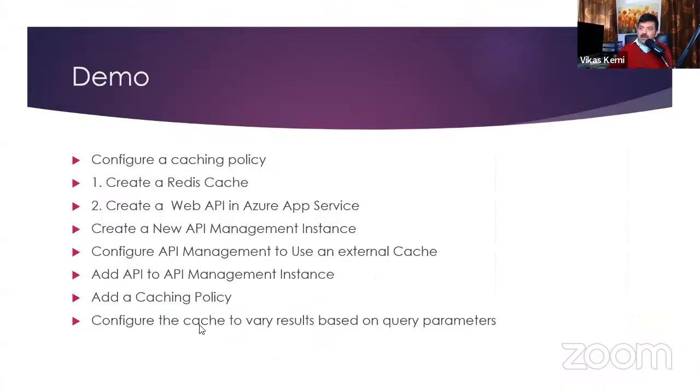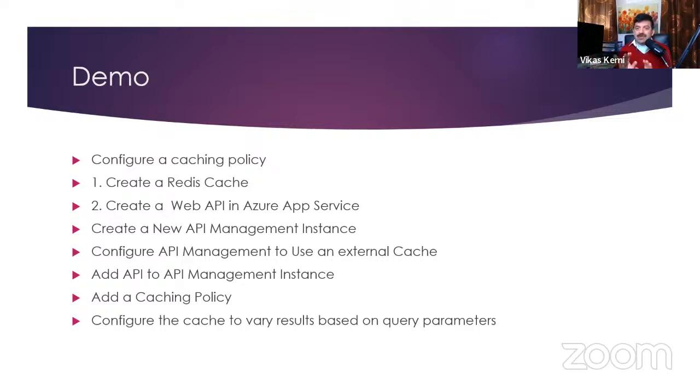Okay, guys. In this demo, I'm going to show you how to create a Redis cache, create a web API, and an Azure App Service. We are going to take some web API and just create it. It's a demo web API that Microsoft has created for our purpose.